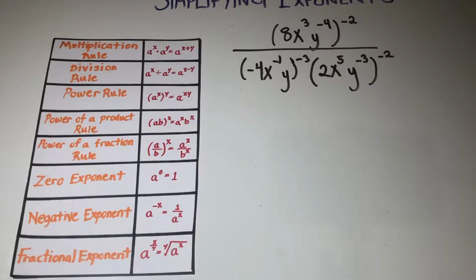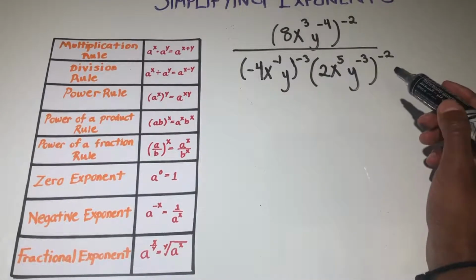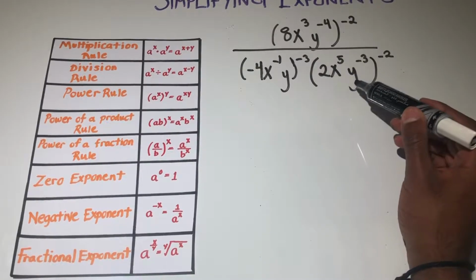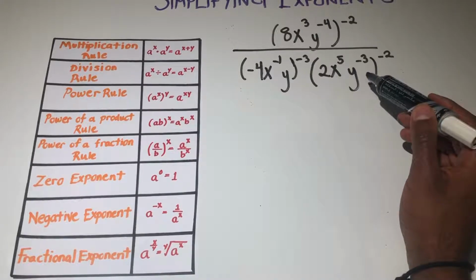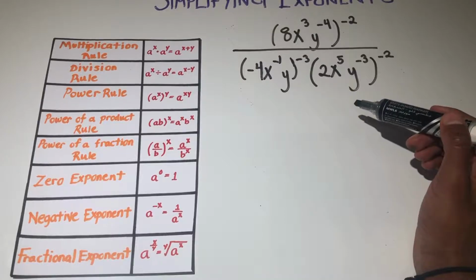Now, if you recall from our previous example, if you switch the position of the expression that is raised to the negative power from the numerator to the denominator and vice versa, the sign of the power changes.